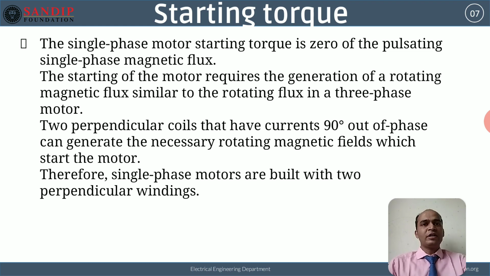In single phase induction motors, two windings are used: one is the main winding, and the other is the auxiliary winding, also called the starting winding. These two windings are placed at 90 degrees to each other. That means one is placed at 0 degrees and the other at 90 degrees. So the phase difference between these two windings is 90 degrees.